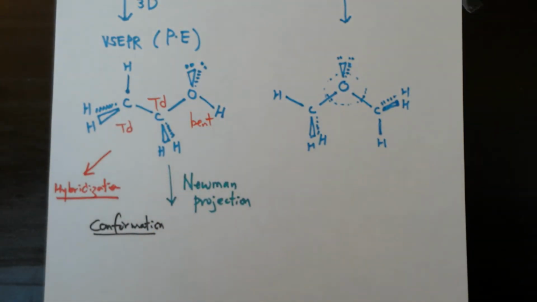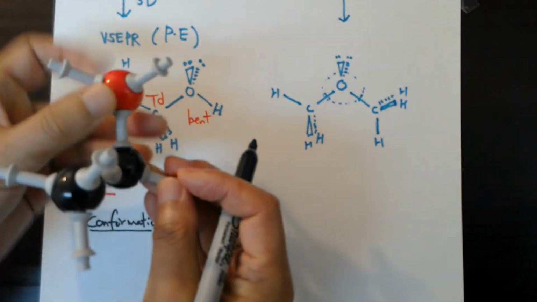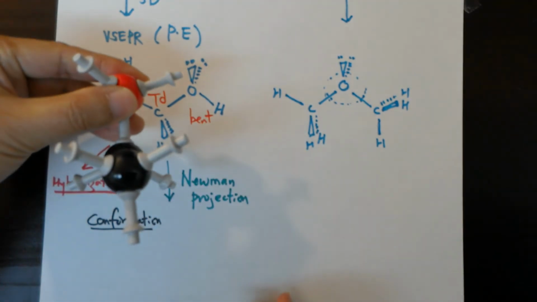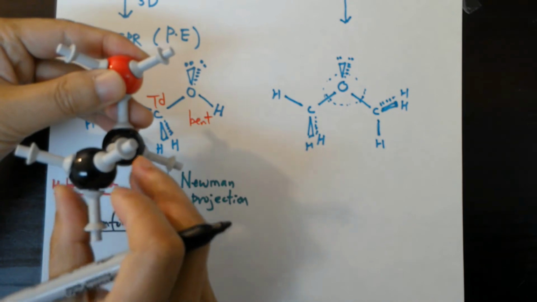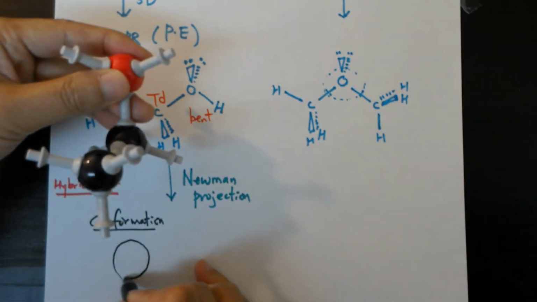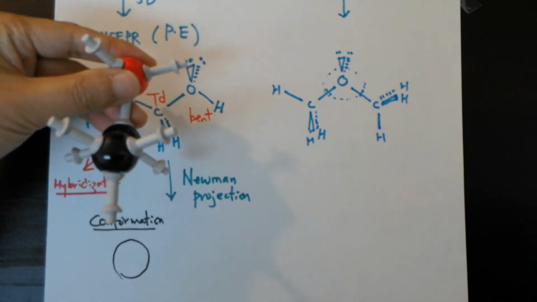So let's draw the Newman projection for the single bond between carbon and carbon. You can see only one circle, so I want to draw a circle representing the carbon, the front carbon.